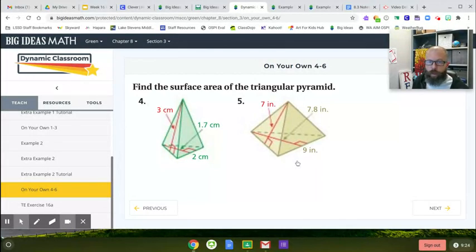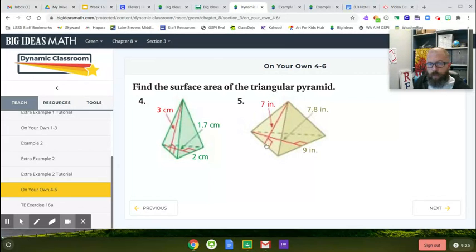Okay. Here we have, let's do the base first. We have the base is 9. The height of the base is 7.8. So I'm going to multiply here. 9 times 7.8, 70.2 divided by 2 is 35.1 on the base.